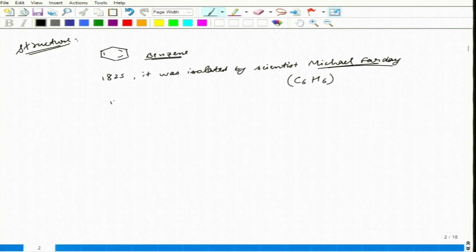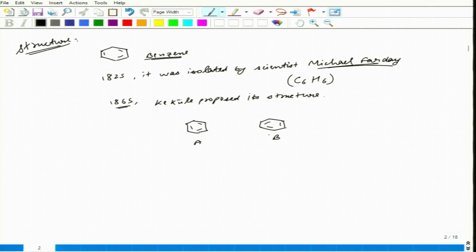So, around 1865 Kekulé proposed a structure. Kekulé proposed a structure containing alternate pi sigma bonds, and he proposed two forms of benzene.